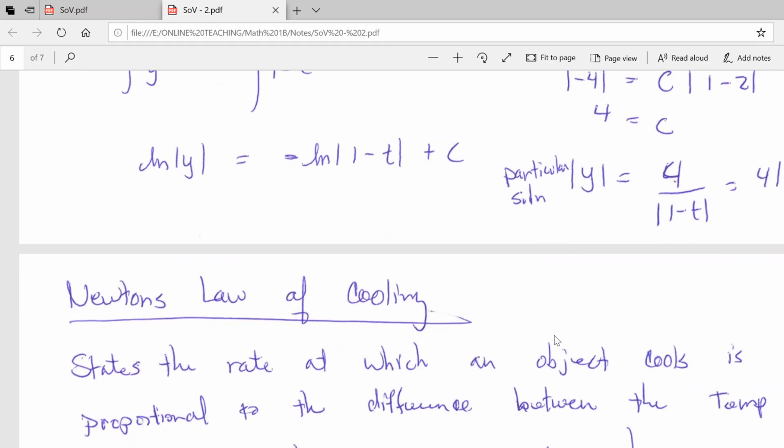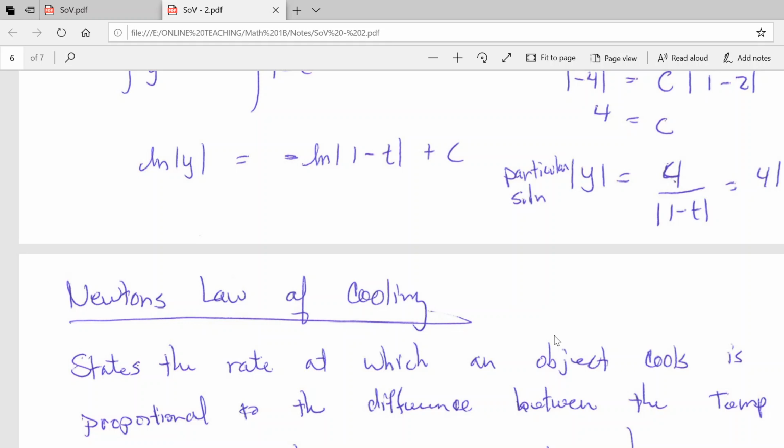Another cool example, and you probably read about this in the second section I asked you to read, and we actually study it in Math 20, is Newton's law of cooling. Newton's law of cooling states that the rate at which an object cools is proportional to the difference between the temperature of the object and its surrounding environment.